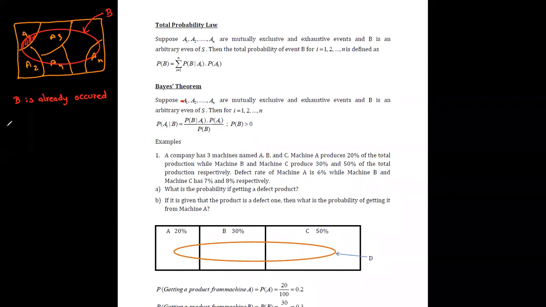What we know is that B is the event which has already occurred, and now we are going to identify whether it comes from the ith unit, or the ith section of A. Therefore, it is called Ai.